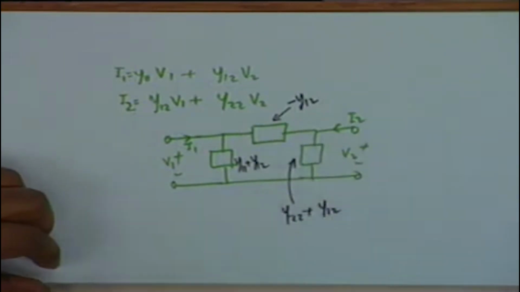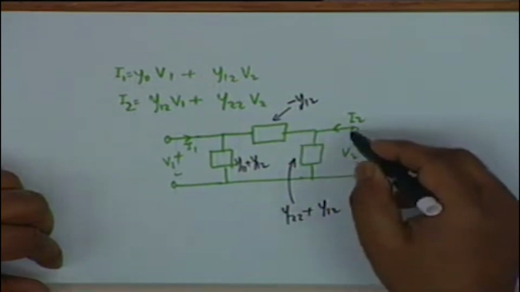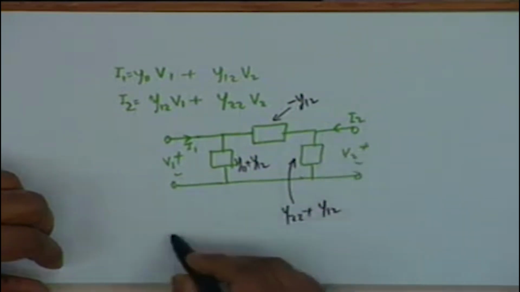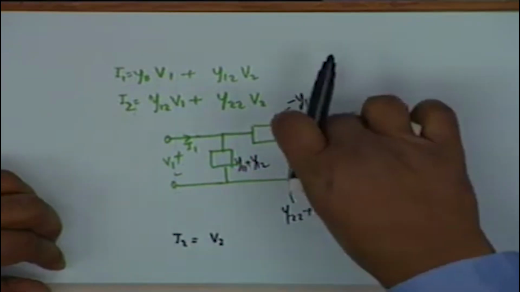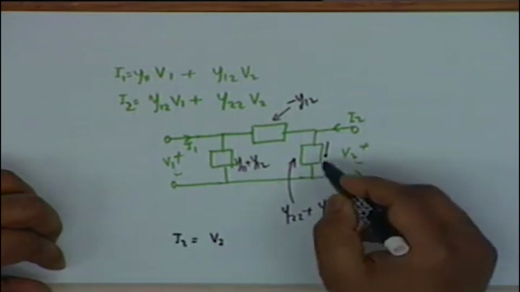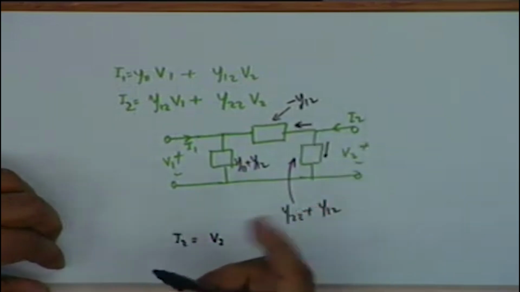For example, to verify that this is indeed so, you notice that if I write an expression for I2, I2 is V2 multiplied by this admittance, V2 being the voltage across this. So I2 is the current through this element and the current through this element, the sum of the two.